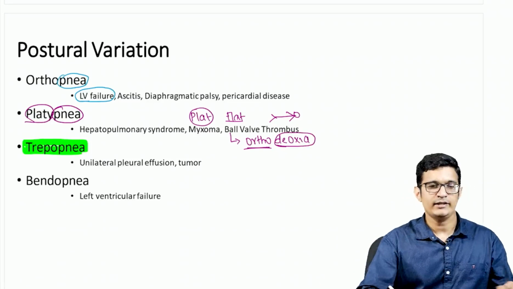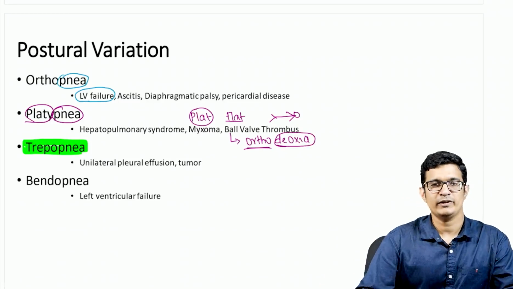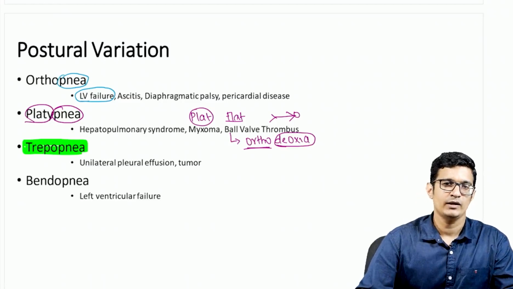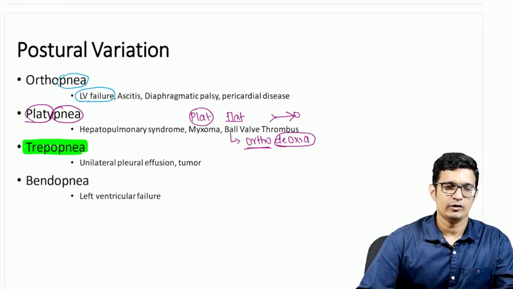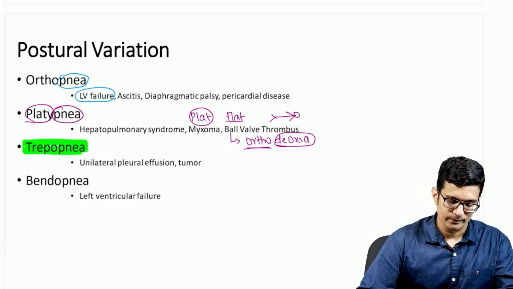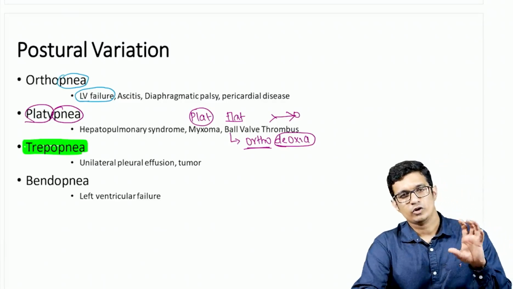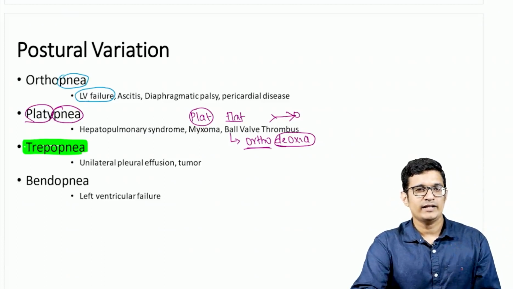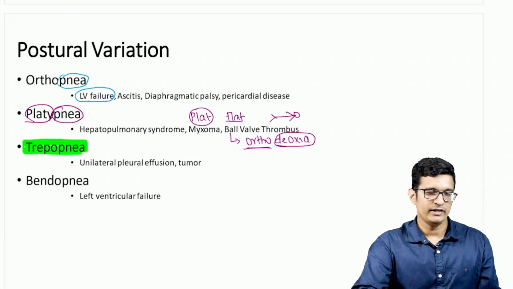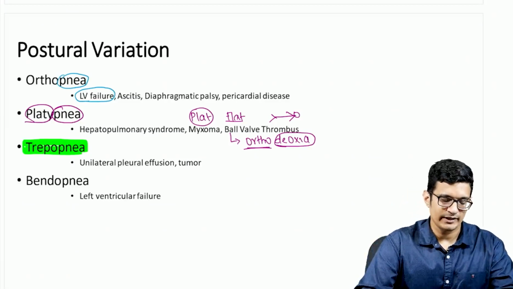The conditions that cause this kind of presentation are a left atrial myxoma and a complication of liver cirrhosis called hepatopulmonary syndrome. And a ball valve thrombus in the atria can also lead to a presentation as platypnea. Okay, so these are the three main causes of platypnea.